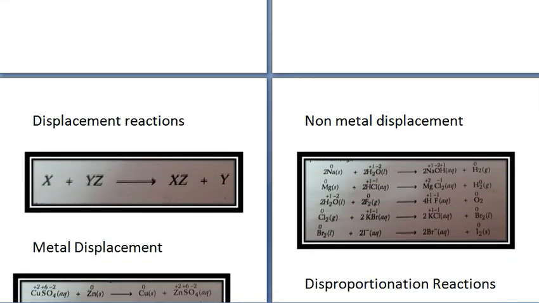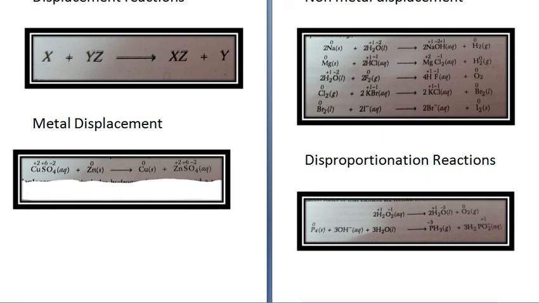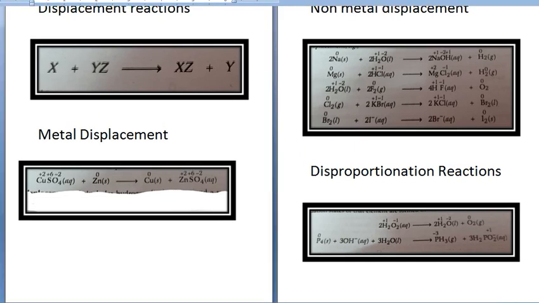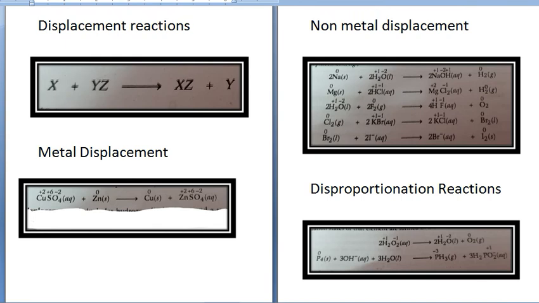So the oxidation number of oxygen has increased and that of chlorine has decreased. So you can say that chlorine has undergone reduction and oxygen has undergone oxidation. This type of reaction, in which a bigger compound is breaking down into smaller compounds, is called a decomposition reaction.